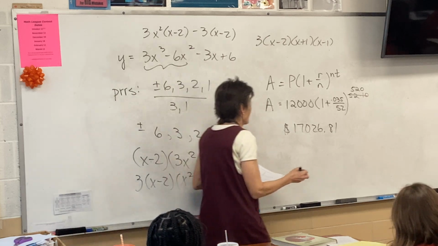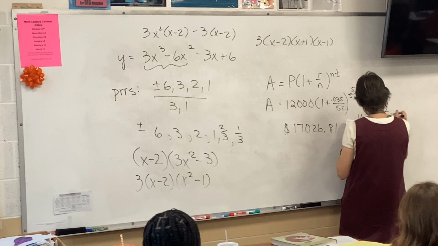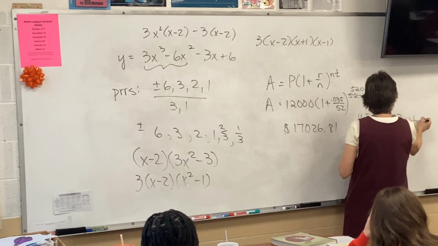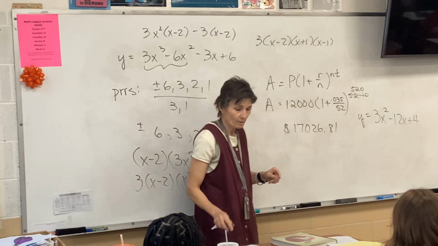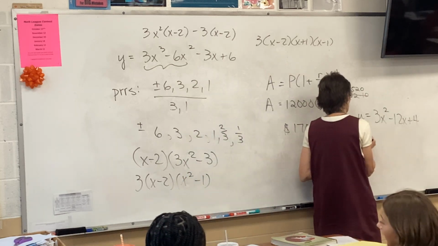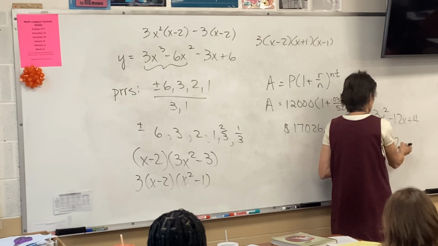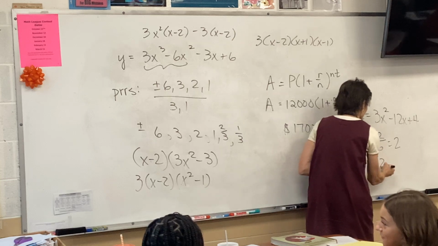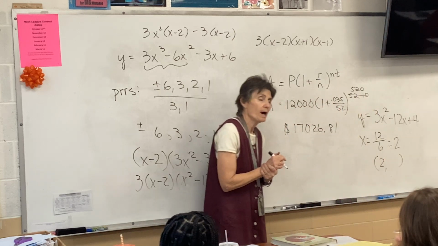How do we find the vertex of a parabola? This is a parabola. It's an x squared. How do we find the vertex? Negative b over 2a. So 12 over 6 is 2. So my vertex is 2 comma something.